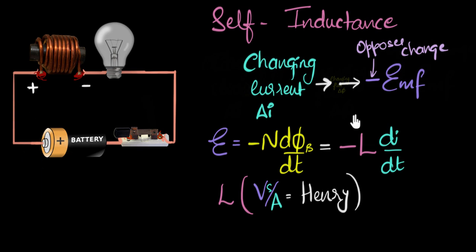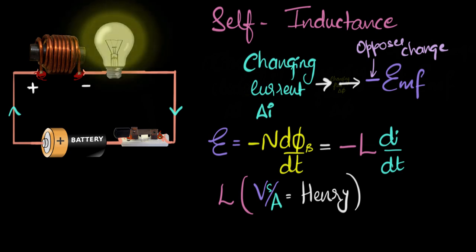And as a result of that, now the current starts growing. And as the current keeps growing, the di over dt starts reducing more and more. Becomes smaller and smaller. And as a result, this induced EMF starts becoming smaller and smaller. The opposition starts becoming smaller and smaller. And that's why the current can start becoming larger and larger. And that's why slowly and steadily the bulb starts glowing.